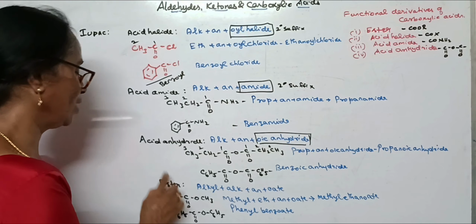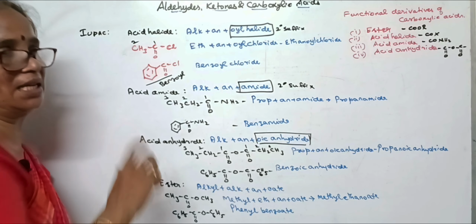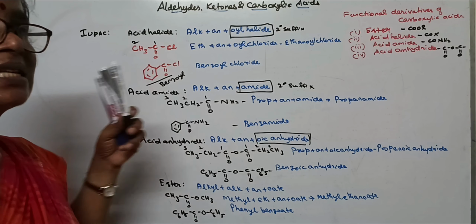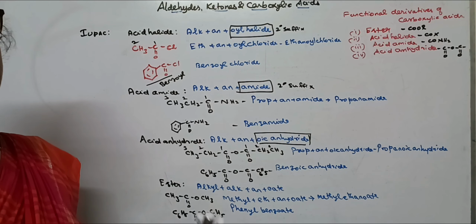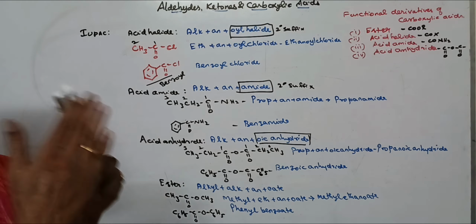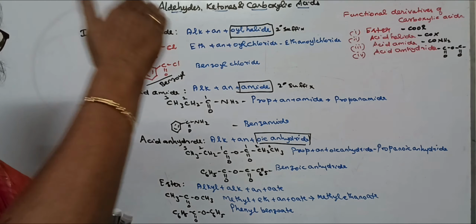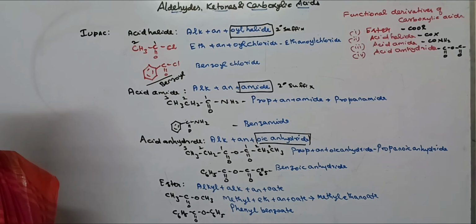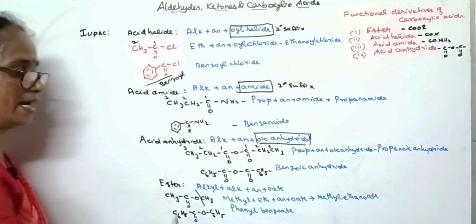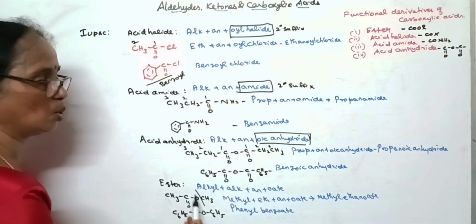And the last one, ester. When you name the ester, you have to identify the two parts. One is the alkyl part, the other one is the functional part, alkanoate. Mostly the alkyl part comes from the alcohol and the alkanoate part is from the carboxylic acid. So here this is methyl, so I can write methyl ethanoate.